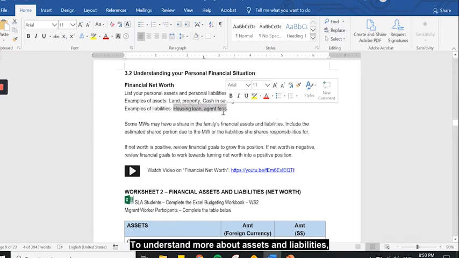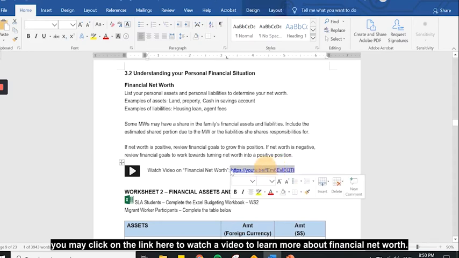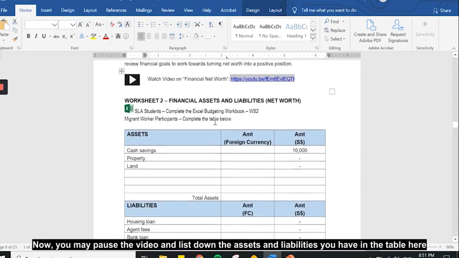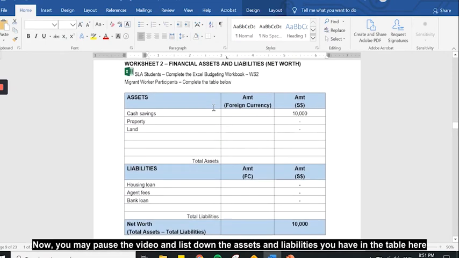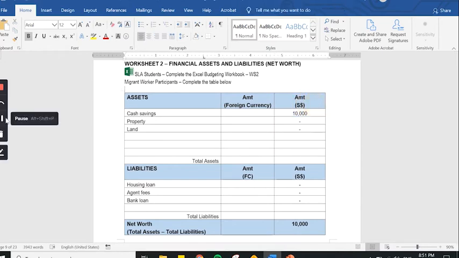To understand more about assets and liabilities, you may click on the link here to watch a video to learn more about financial net worth. Now, you may pause the video and list down the assets and liabilities you have in the table here, in both your foreign currency and the local currency.